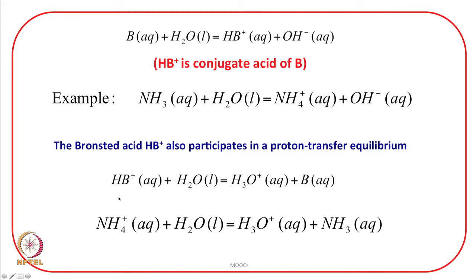That is, you see that the Bronsted acid, whether you talk about HB plus or NH4 plus, will donate a proton to water and will form hydronium ion. We need to keep all these kinds of equilibria in mind. Let us take a look at the slide.